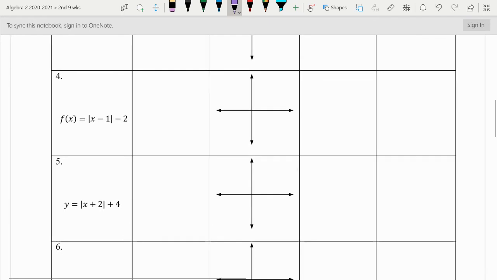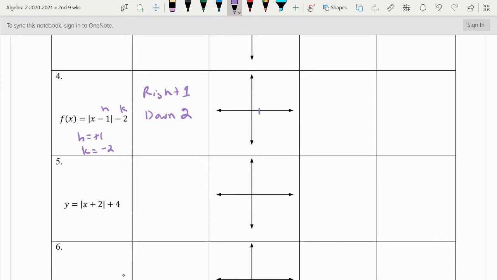All right, 2 transformations here. Again, inside here, this is h, and this is our k. So h here is going to equal a positive 1. Remember, it's opposite. K here will equal negative 2. K stays the same. So this one is a plus 1, so it's going to go right 1 unit, and then we're going to move down 2 units since it's a negative 2.